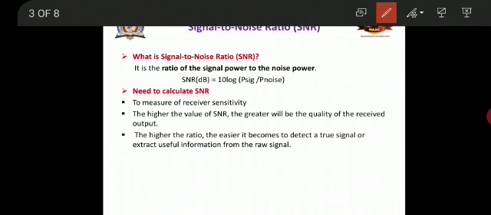This S by N ratio is usually expressed in terms of decibel. So let us take one example to calculate the S by N ratio in dB.